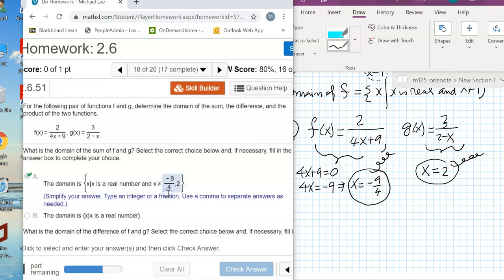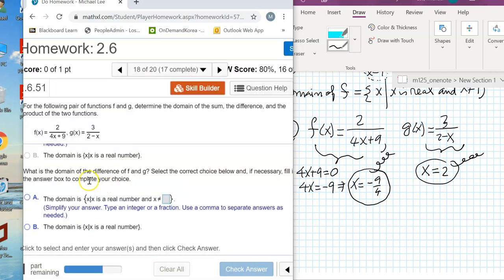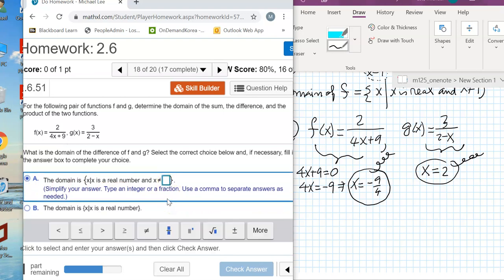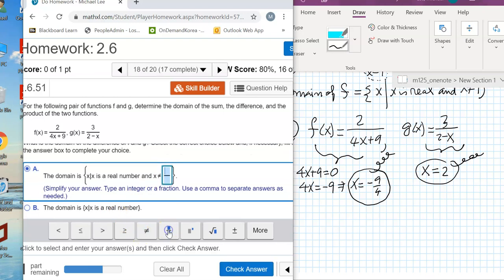Okay, so that's important. And then what is the domain of the difference? Same thing. The domain is x not equal to the fraction negative 9 over 4, and then comma and 2.